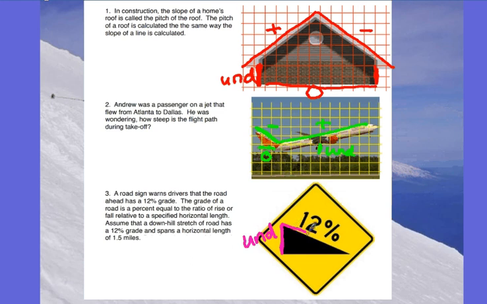If it's going from left to right and it's going down, okay, that is a negative slope. Then if it goes straight across, it is a 0 slope. It's flat. It means that there is no slope going on there. Okay.